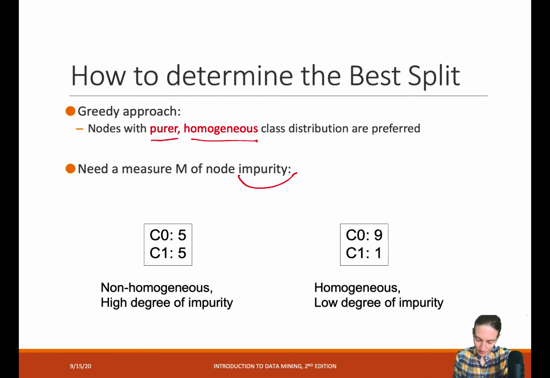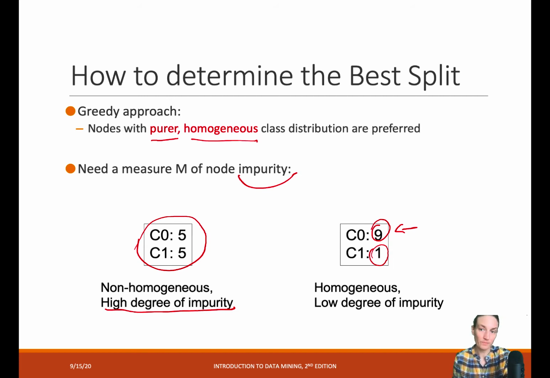In the example below, if we'd have an equal class distribution in our child nodes, we would say there's a high degree of impurity, because it's not purely of one class, it's a mix. If we have something like 9, 1, we would call it a low degree of impurity, because we're almost certain most of the instances belong to one class.